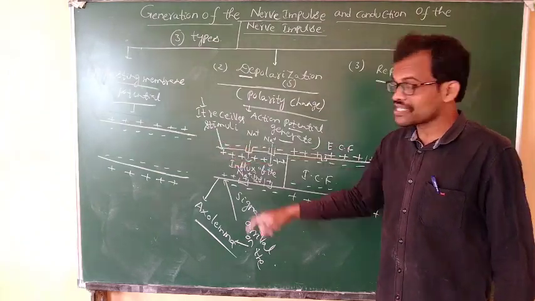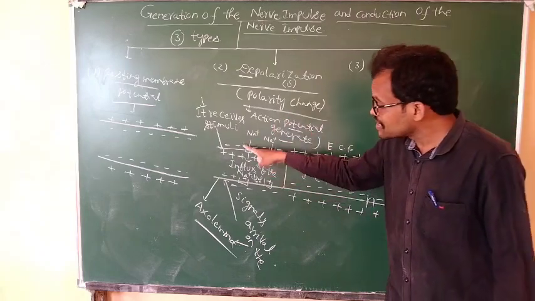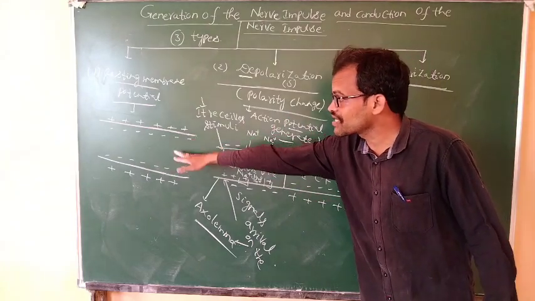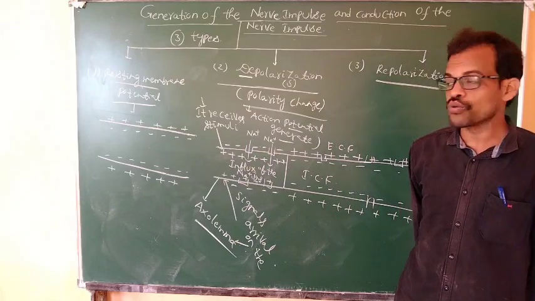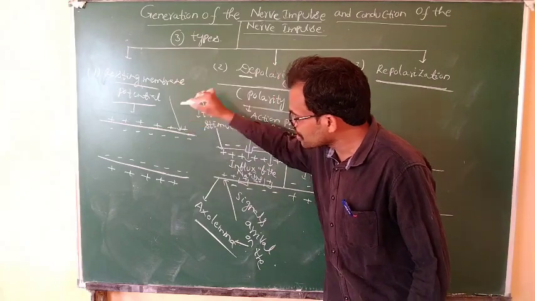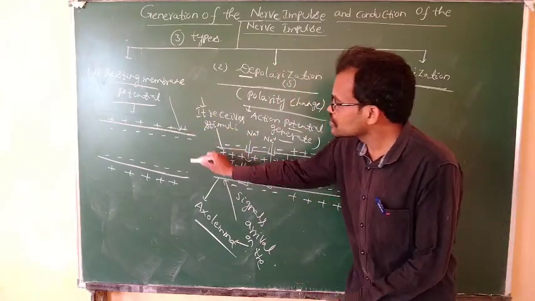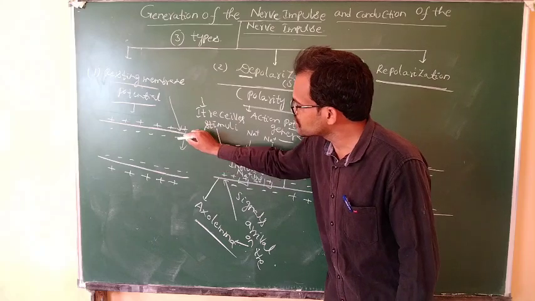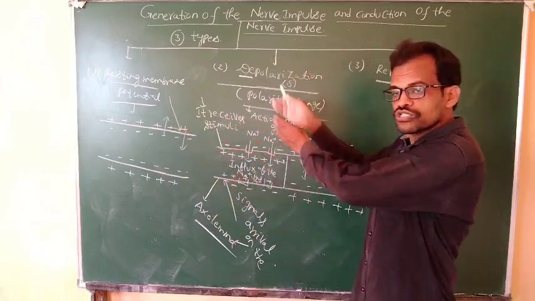In the normal, resting condition, outside is positive and inside is negative. Once they receive the stimulus, positive ions move into the inside and negative ions move to the outside.